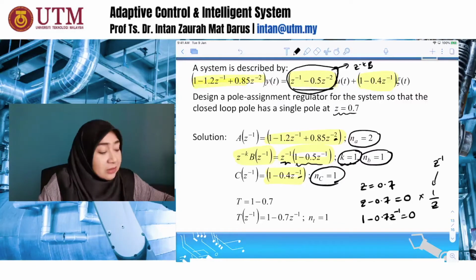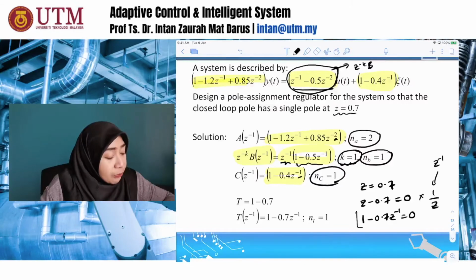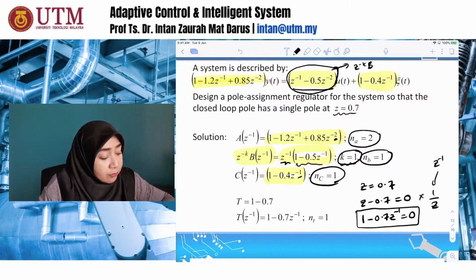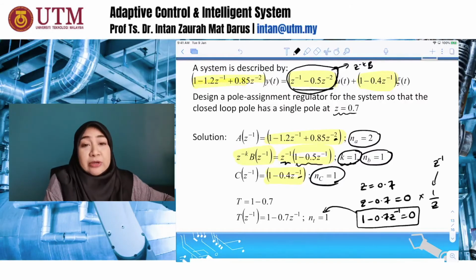Why? Because it's multiplied by 1 over z. So that is the polynomial of my T in polynomial form, in a zero order hold.